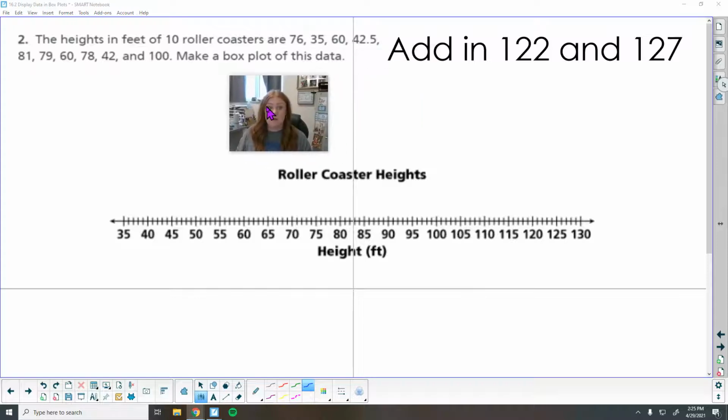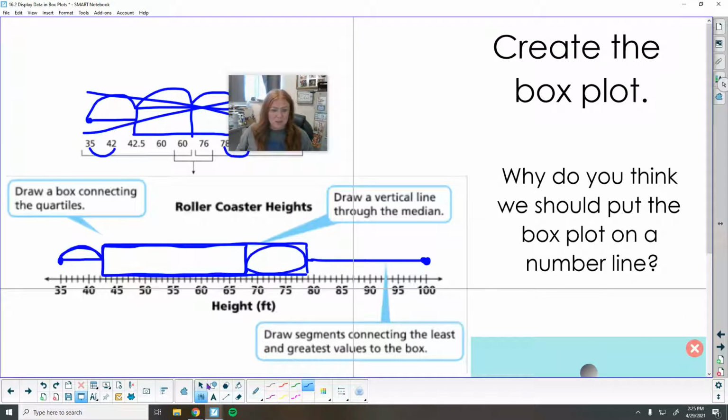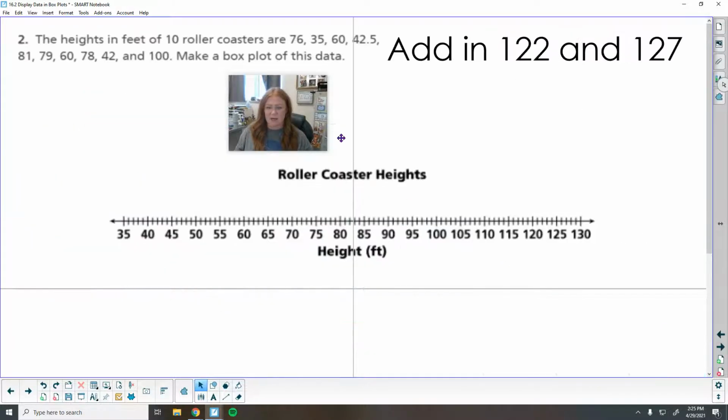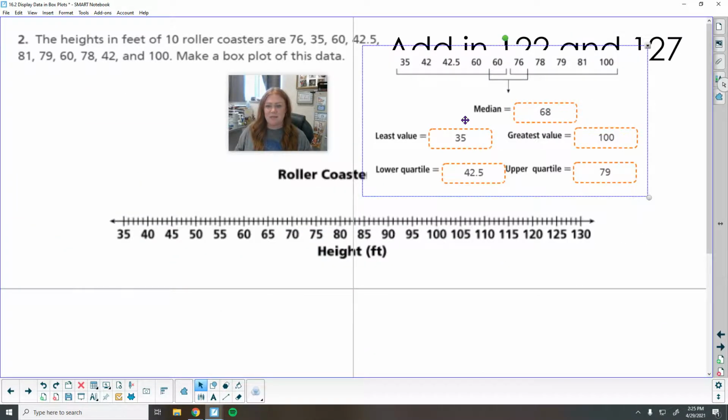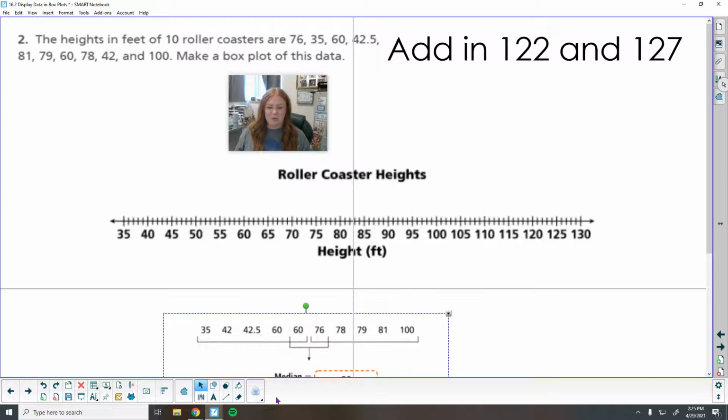Okay, so now what is going to happen if we add in some more roller coasters here? So I'm actually going to take this guy here. And so we've got them in order, but now we're adding on another roller coaster, 122 and 127.